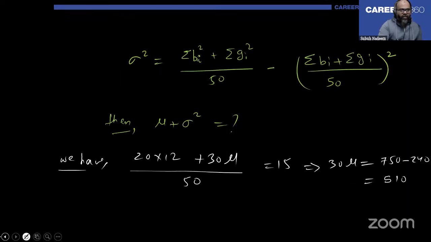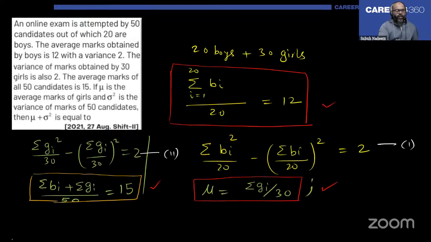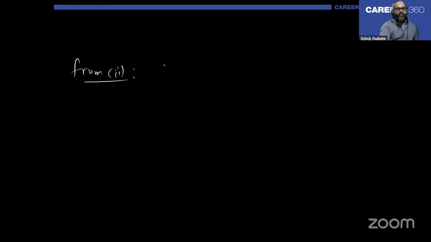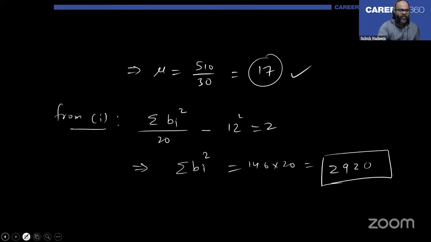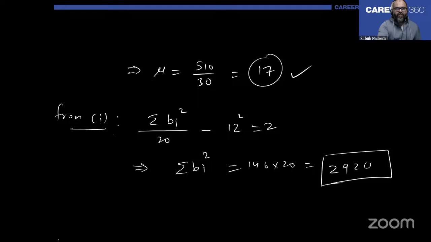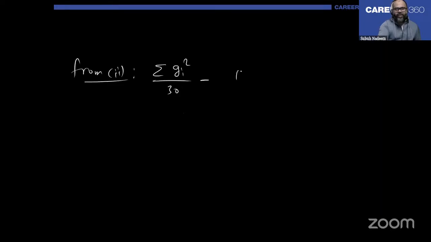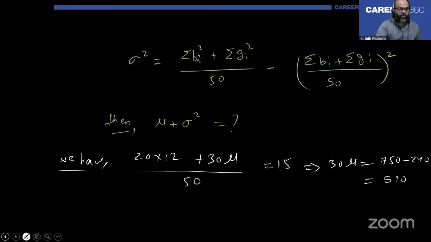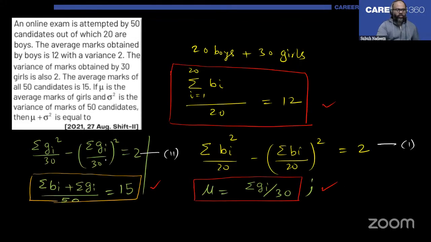And from the second one, sigma of Gi square by 30 minus the mean of the girls, so the mean of the girls is mu, which we got as 17, 17 square, is equal to 2.